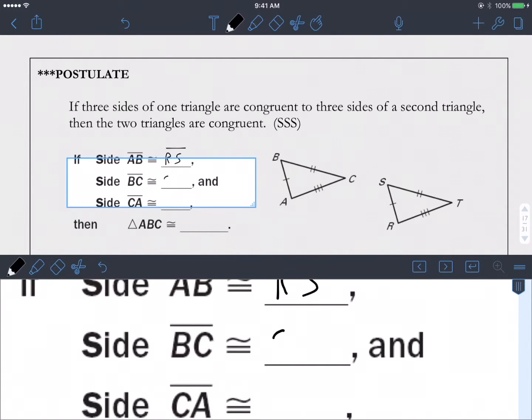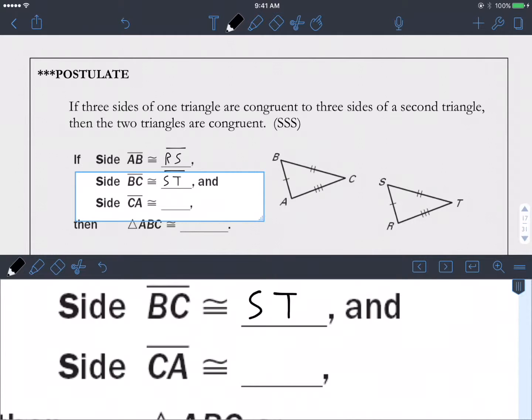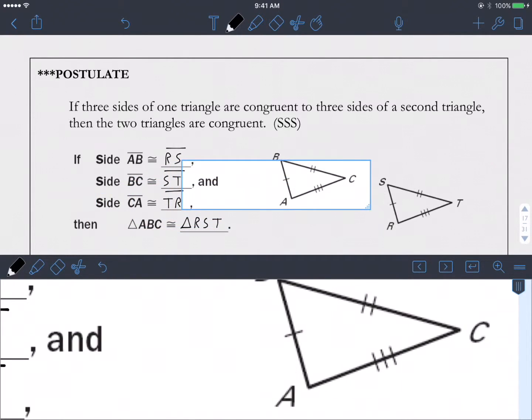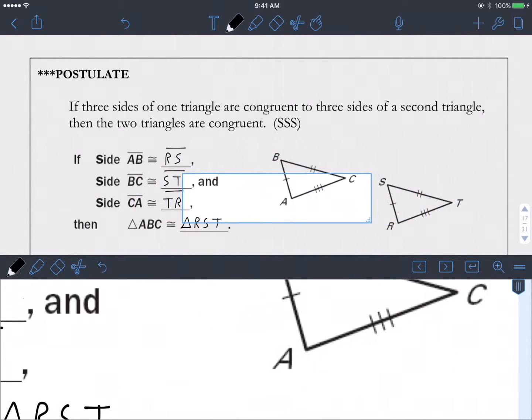BC is congruent to ST, and CA is congruent to TR. And so, triangle ABC is congruent to triangle RST. All 3 sides are congruent to each other. They're congruent triangles. We're not going to worry about the angles for now.